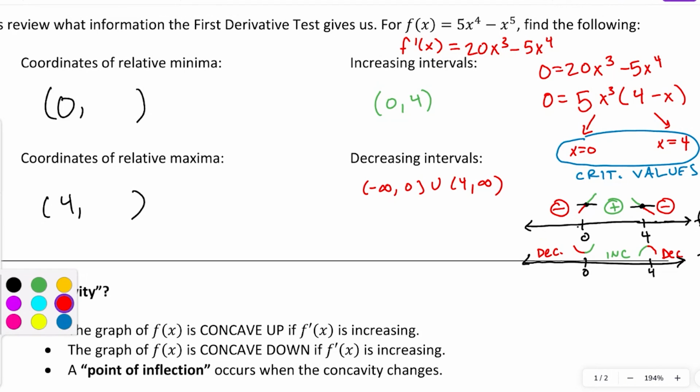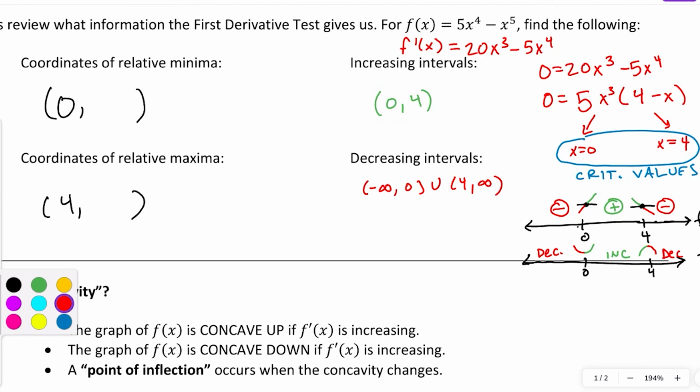So if I have a graph of f and it's got a relative minimum at 0 here, some graph doing something like this, and we want to find the y-coordinate of this point, we want to plug it into the function f. All right, so let's do that.